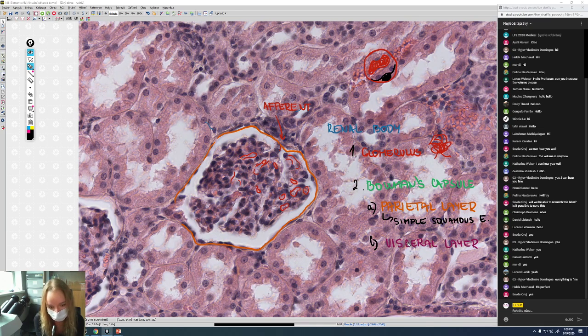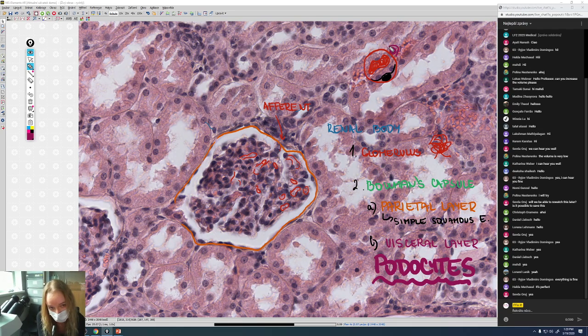And the visceral layer is made of special cells called podocytes. These are very important special cells. What these cells are doing is that they are sitting on the capillaries. So they have their own nucleus.